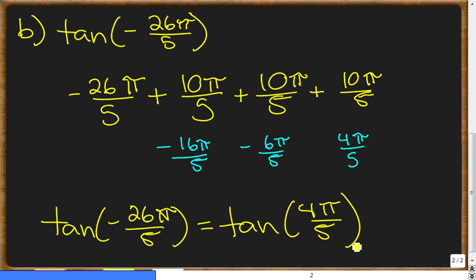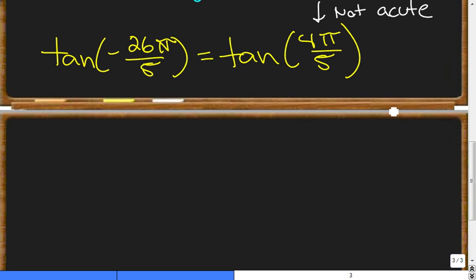Well, 4 pi over 5 is not acute. Acute would be between 0 and pi over 2. So I've got to figure this out real quick. Where's 4 pi over 5? It's over here, before pi and after pi over 2. So if I want to turn it into an acute angle, I can do pi minus something.